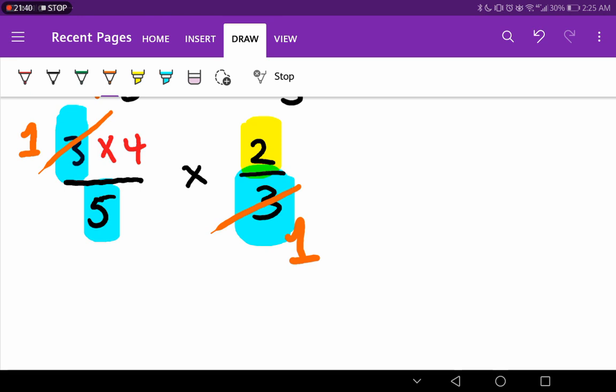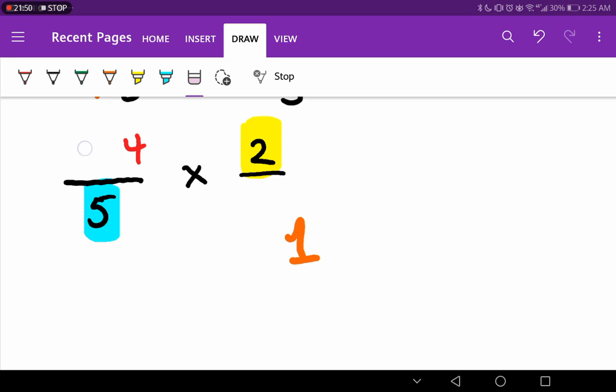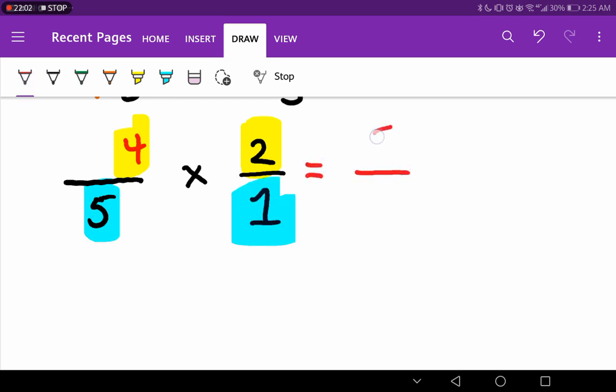Now I can erase this guy and this guy. And the 1 is the identity number in multiplication, so you can erase it also. And this one I will keep here because I need to multiply up with up and down with down. Now multiply up with up, down with down, it is 8 over 5.